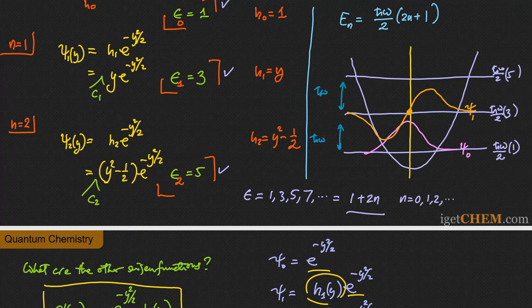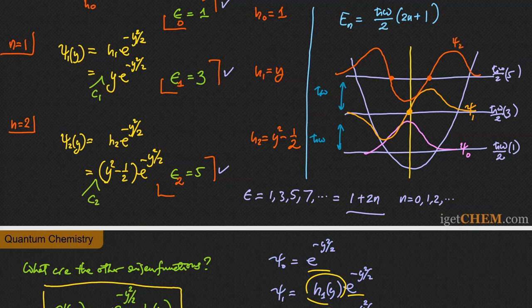You can actually work out where the nodes are. It's not that important, but there's one on the left side and one on the right side. And so the function will change sign twice. It starts on the far right positive, then goes down, dips below 0, and then comes back up again. So this function is psi 2.